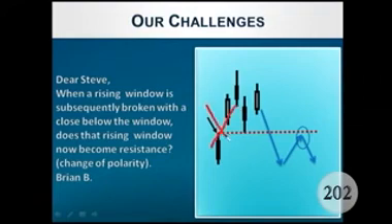So in other words, it doesn't matter why there's support here. It could be a window, it could be a pivot low, whatever it is. As long as the support area is tested a couple of times, we use the change of polarity. So it's the testing of the support area that makes it the change of polarity. The support may have held because of the window, it may have held because of something else.